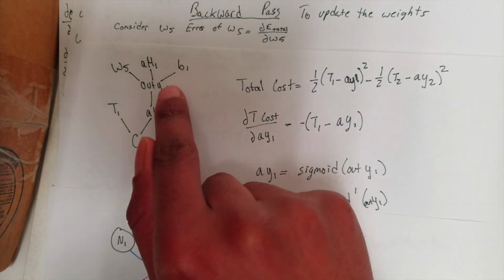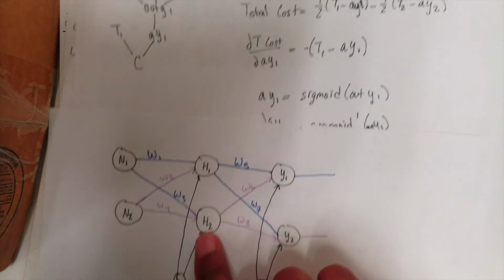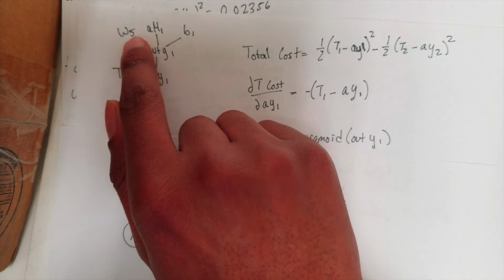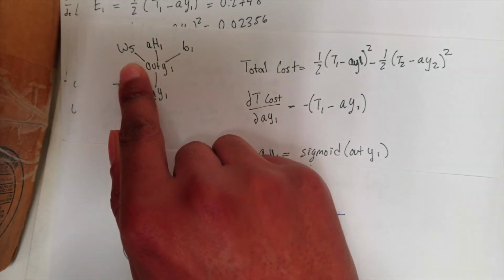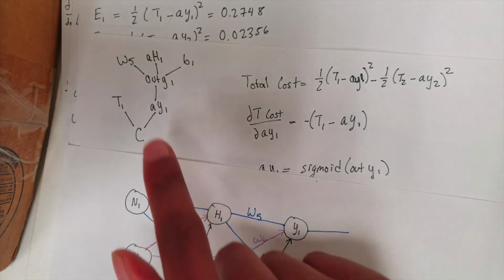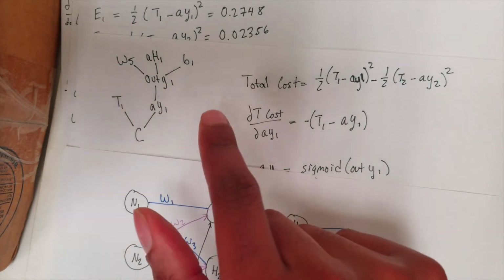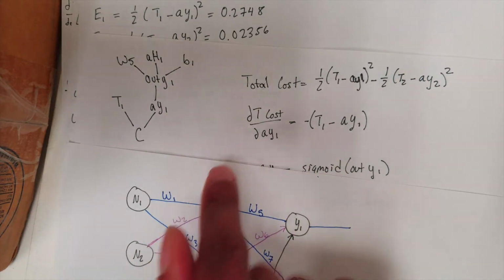Technically, there's also weight 6 and H2, but considering that we're only looking for the contribution W5 has to the error, you'll see why that won't make a difference, at least in terms of this diagram, and we'll be able to use this diagram to calculate all the contributions that all the weights have to the error, and then make those corrections.